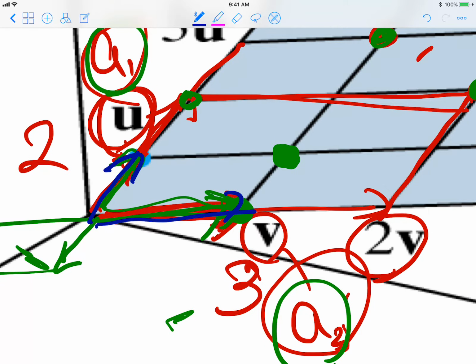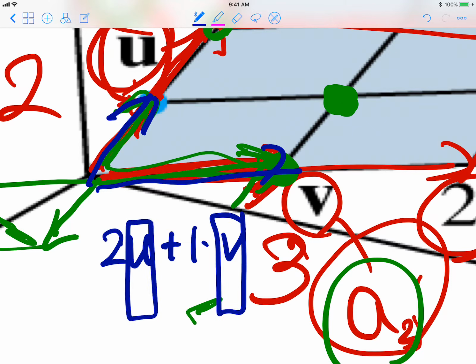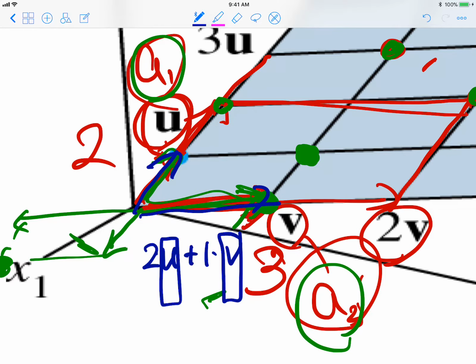So when it is 2u plus 1v, here u and v are column vectors, and 2 times u has twice the length of the original vector, but with the same direction. And then 1 times v, and thus the resulting point will be here, right?